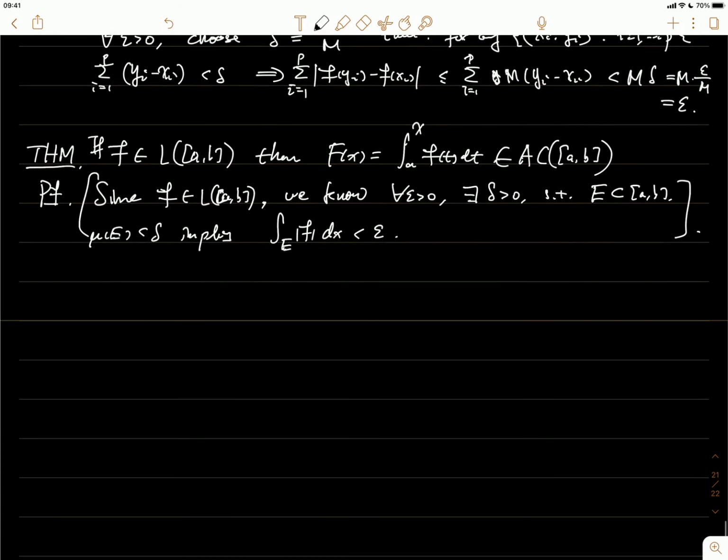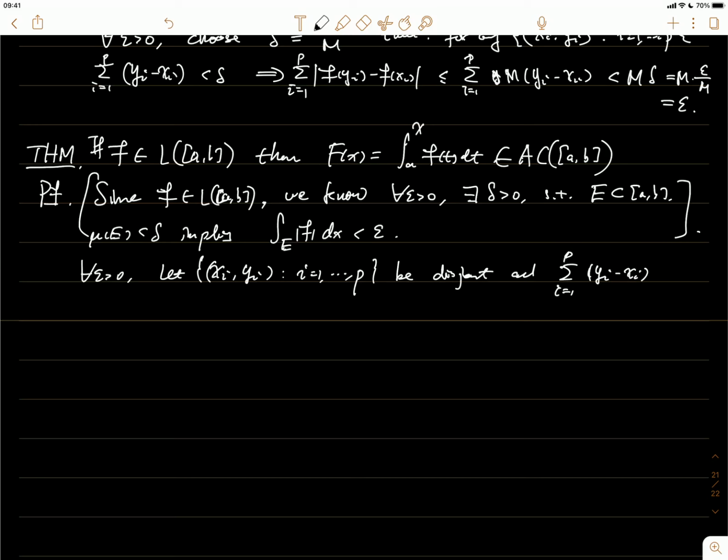That's something we know. Using this fact, for any epsilon and any disjoint set, with the same epsilon and delta above, let (xi, yi), i from 1 to p, be disjoint, and the sum of yi minus xi is less than delta.